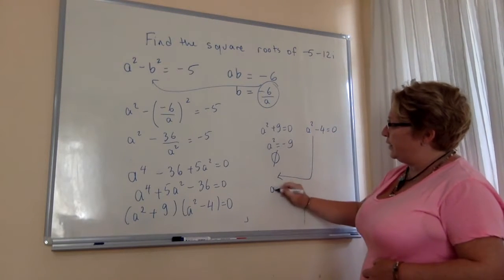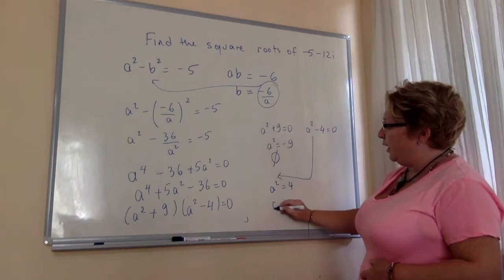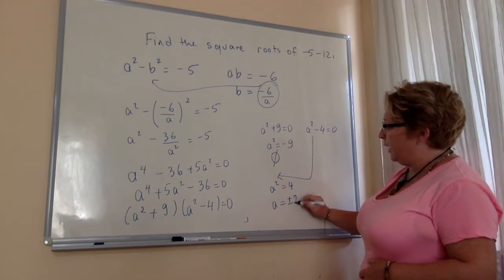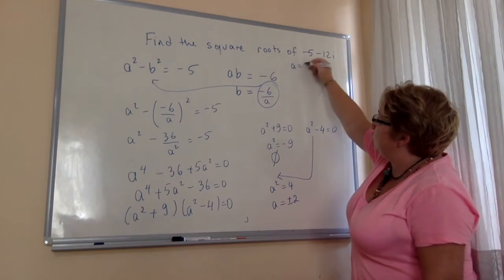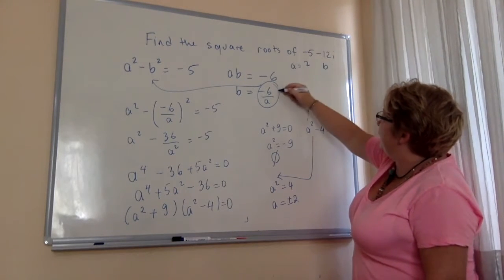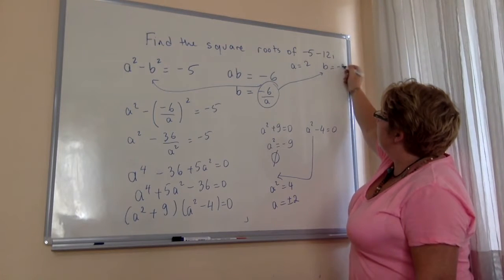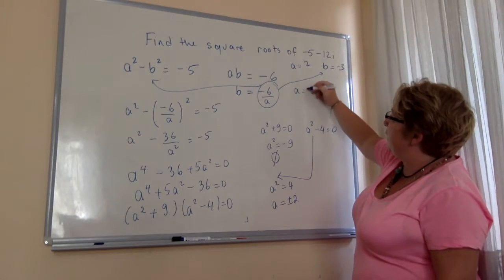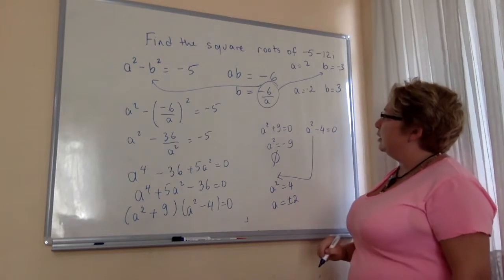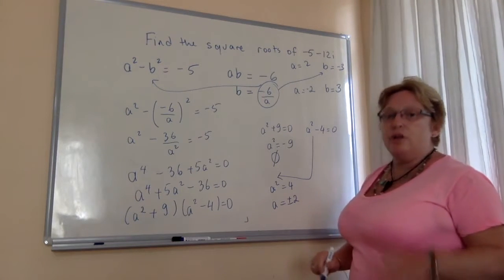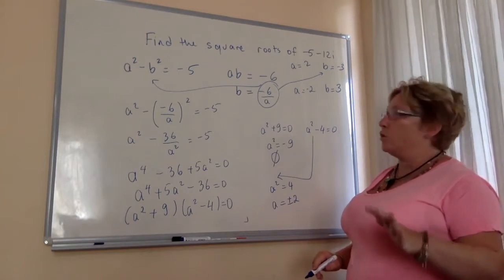Then I'll have a squared equal to 4 here, with a equal to plus or minus 2. And when I plug in a equals 2 here, I'll get b as minus 3. When I plug in a equals negative 2 here, I'll get b equal to 3. So I will have two square roots.